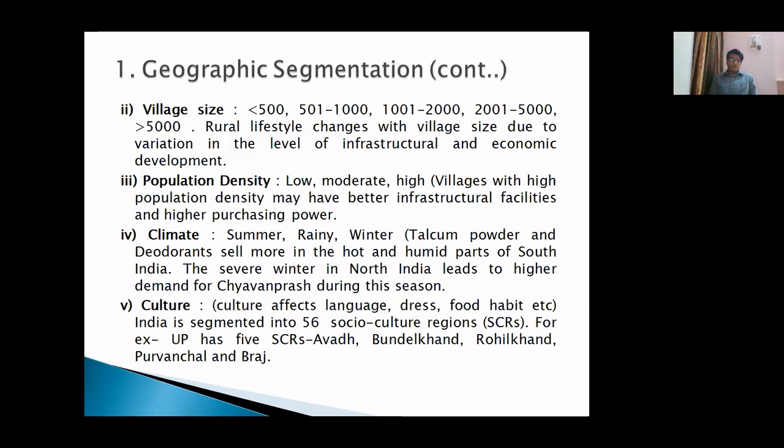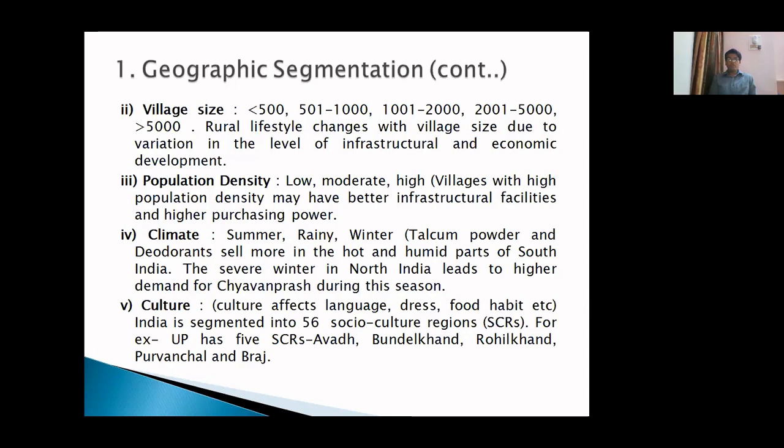Large villages with huge population size may be more economically sound, and the infrastructure may be good as compared. So village size could be taken as one of the variables for geographic segmentation.